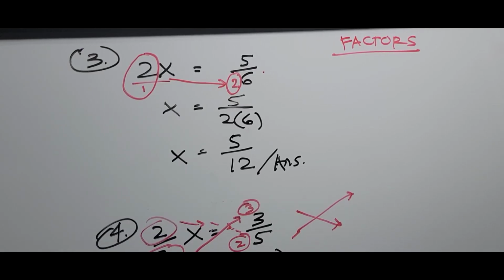Now, if you remember, I mentioned something about simplifying or reducing the answer to its lowest term, like on example number 3 over here, our answer is 5/12. There's no way you can reduce that to lowest term because 5 is not a factor of 12.